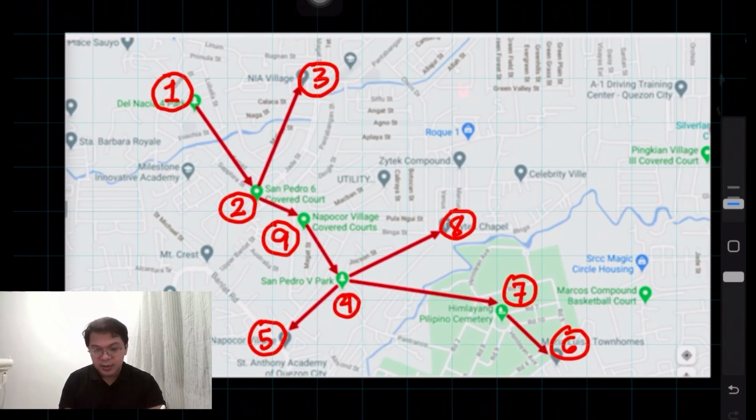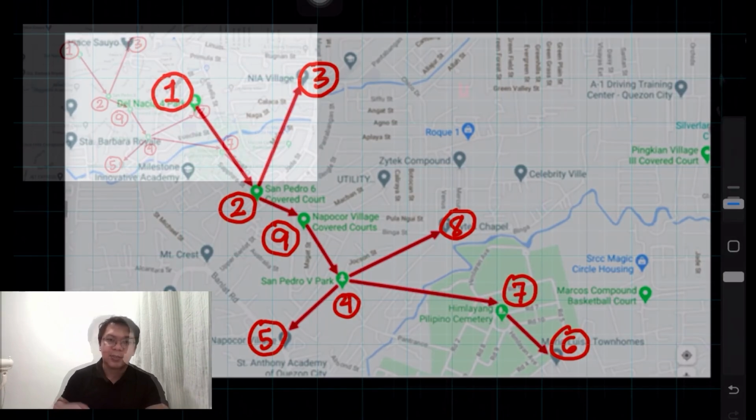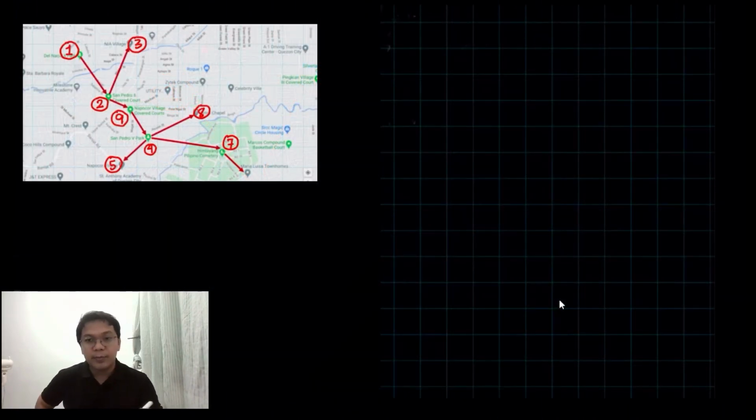But first, let's create a table. Since we have 9 vertices here, we're going to create a 9 by 9 matrix. Let's continue by building a table first, a table that will help us build our adjacency matrix. We have 9 vertices, so that gives us 9 columns and 9 rows.